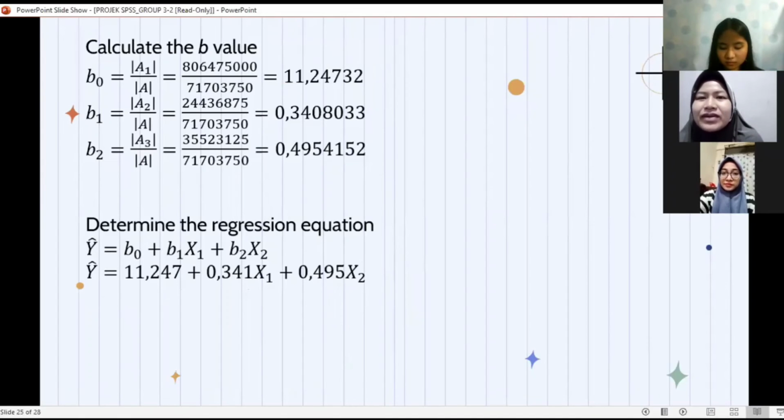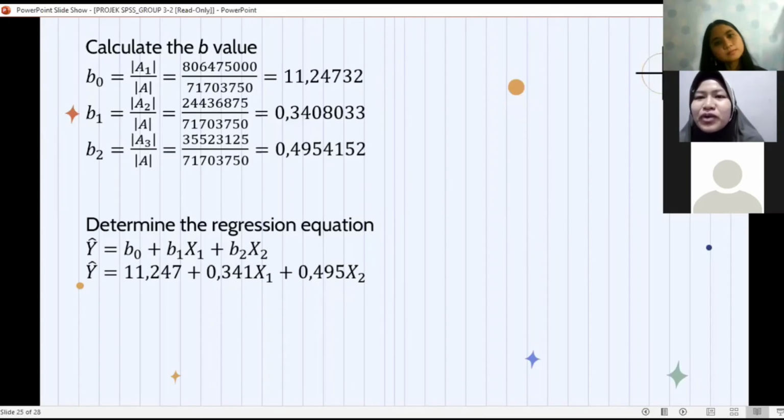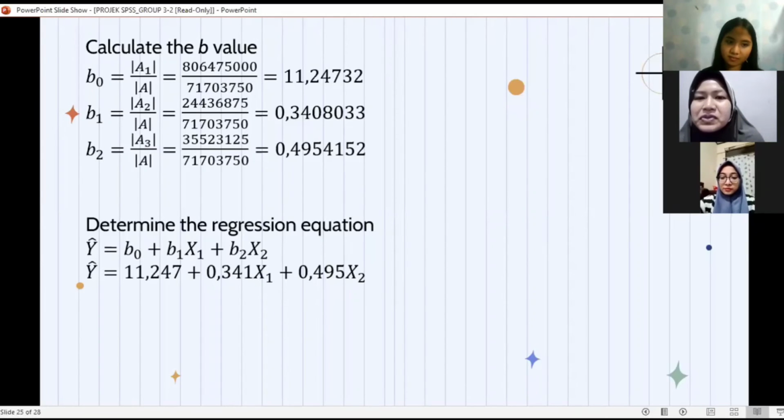And this is the calculation of the B value. And by the calculation that we have done, we found that B0 is 11.24732, and B1 is 0.3408033, and B2 is 0.494152.